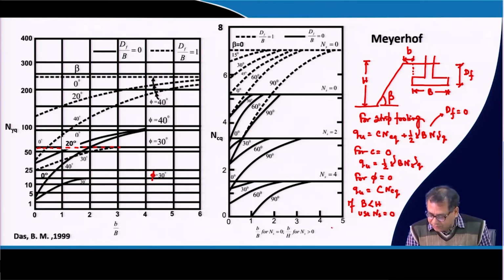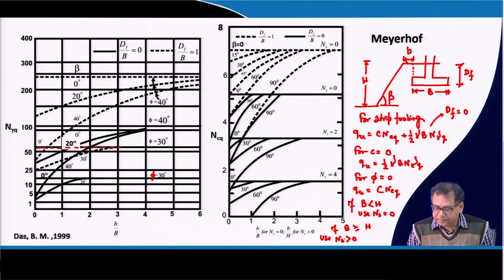And now, if B is greater than or equal to H, then use Ns greater than 0. So, what does it mean?